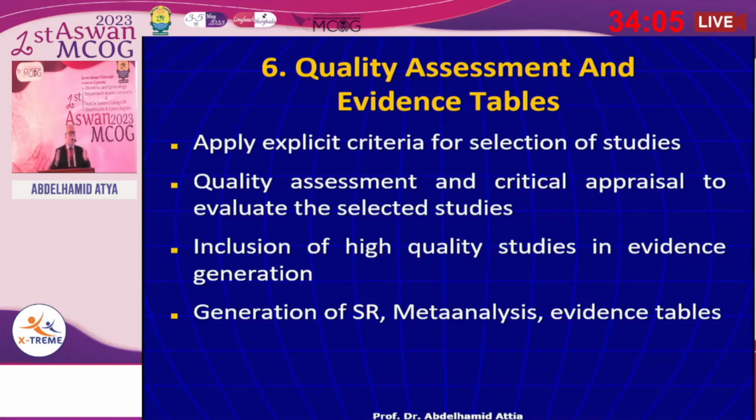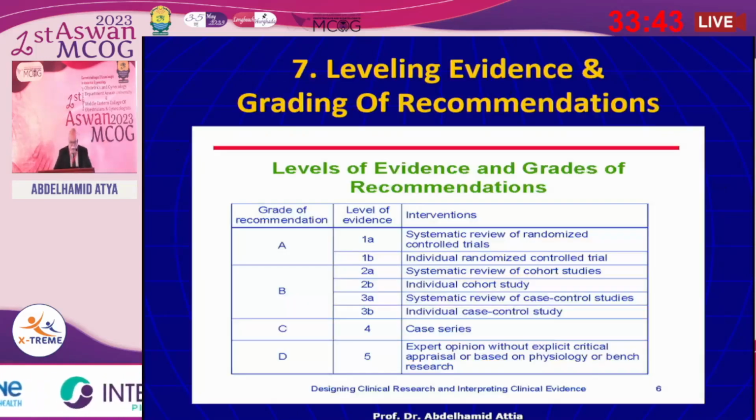So we are having tens of systematic reviews and the meta-analysis that form the skeleton of this guideline. And also these systematic reviews and the meta-analysis are the product of hundreds of researches done all over the world with thousands, multiple thousands of patients participated in these researches.